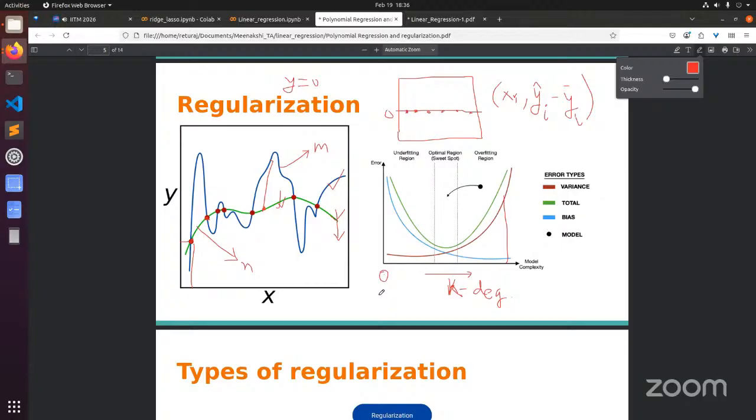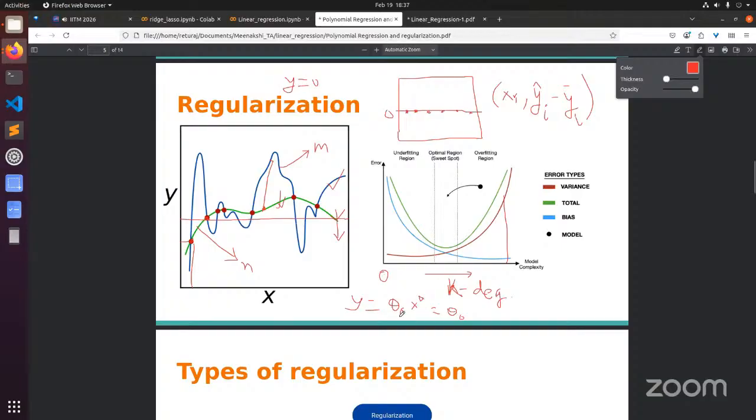Can someone tell me? x to the power 0, so y equals theta naught times x to the power 0, which is equal to theta naught. So y equal to theta naught is a constant. This is how a 0 degree polynomial looks. It's a simple constant line. For any value of x, you just predict the same constant, right?